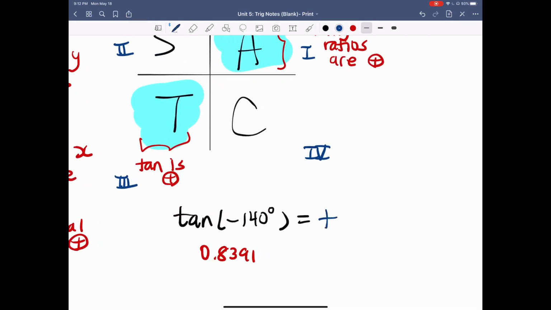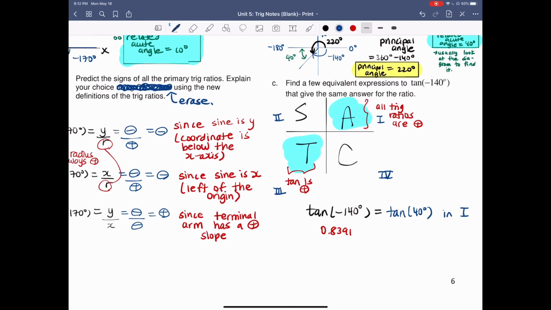So I'm going to write tan 40 degrees, which FYI is in quadrant 1. I picked tan 40 as my first choice because they're both positive here, so that's going to be my easiest choice.